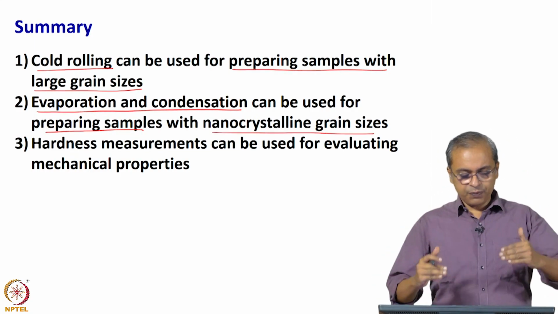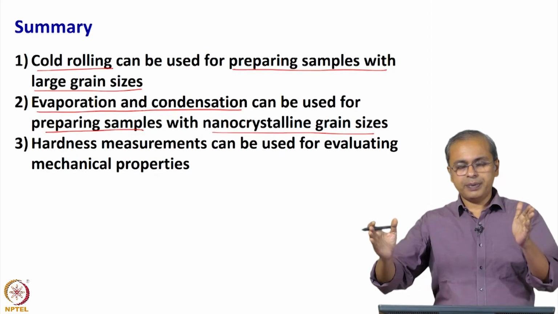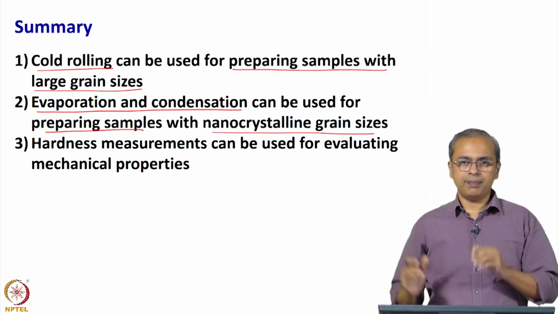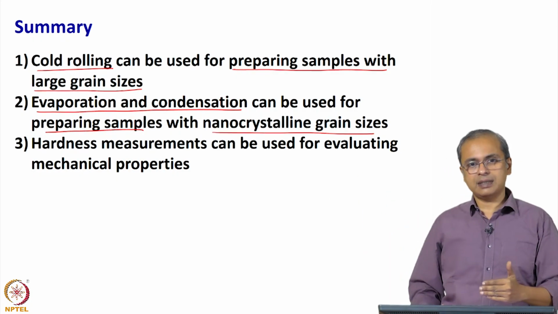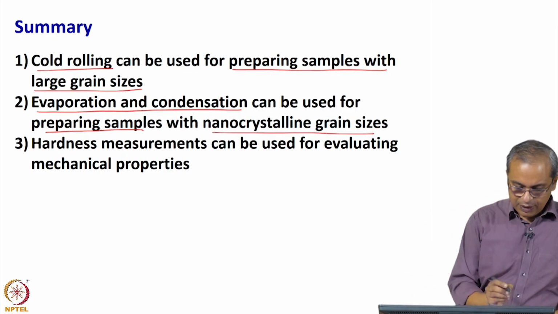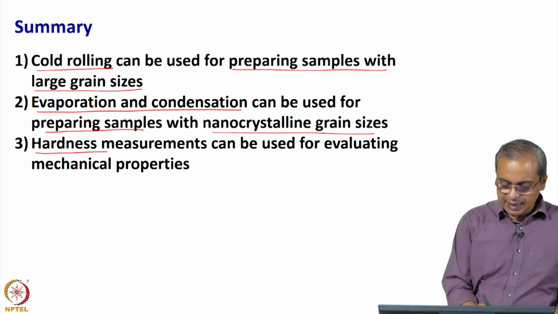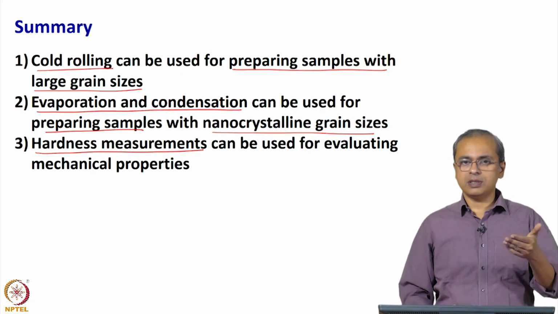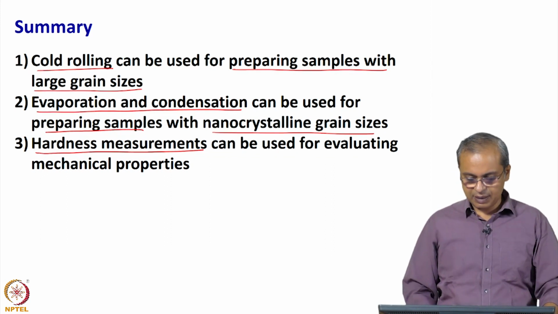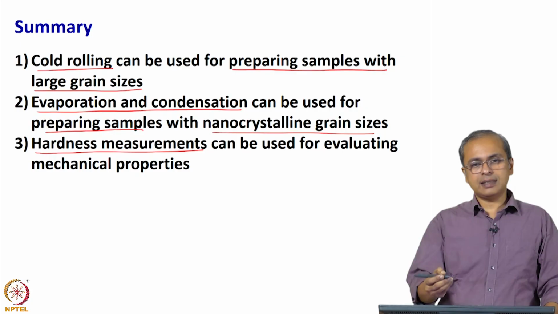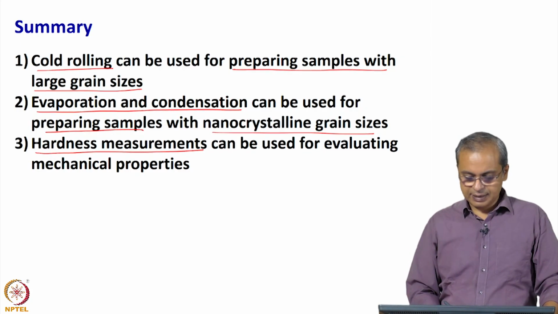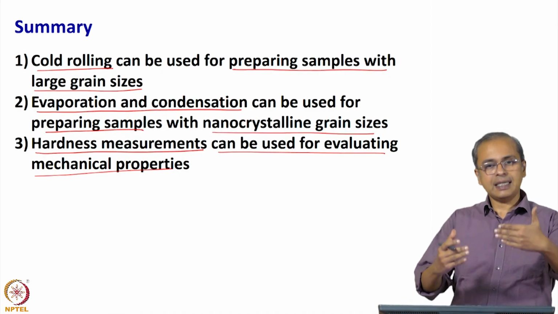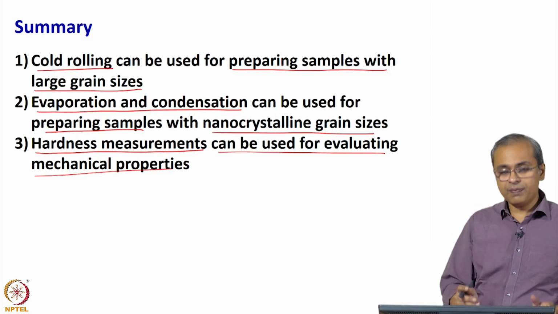Between the first step and the second step you will get a range of samples of narrow grain size distribution, but of different values of mean grain size in the macro scale as well as the nano scale. Having obtained those kinds of samples, we can take hardness measurements using the Vickers hardness testing process, for which we just saw how the indentation is formed and what kind of calculations are done with it. We also saw that it is approximately related to the yield strength, and therefore we can use that for evaluating properties.